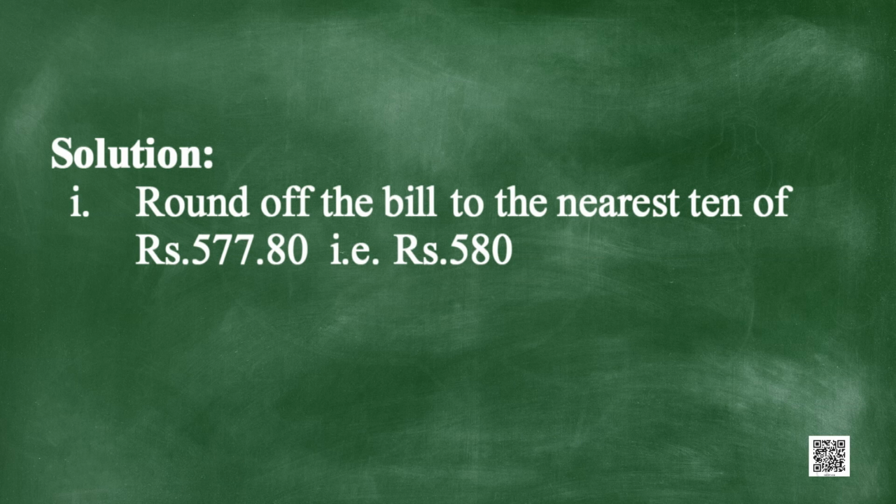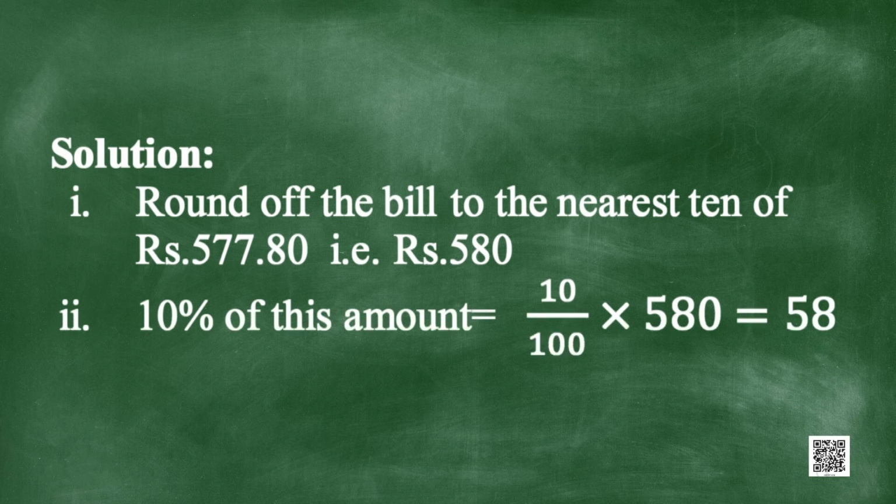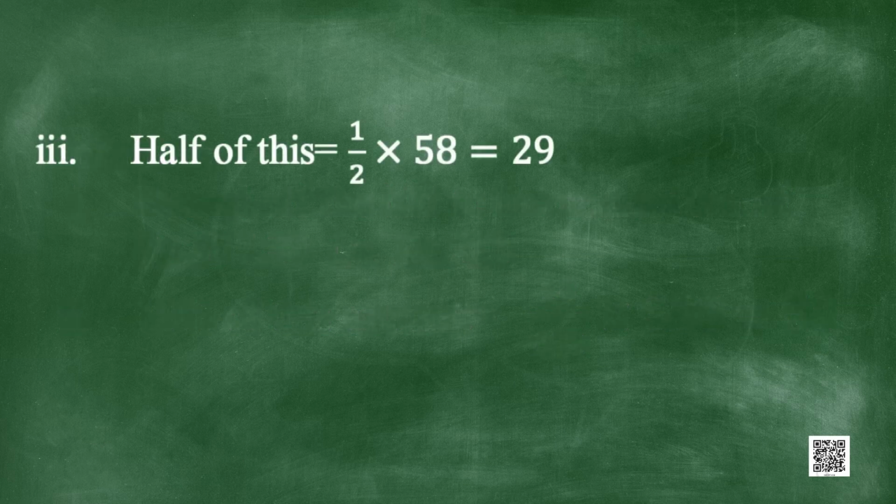Now, let us find 10% of this amount, that is 10 by 100 of 580, which is equal to 58. For 15%, we need to have 5% more, which is half of rupees 58, that is equal to 29.